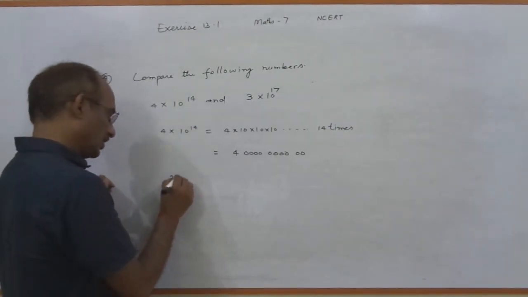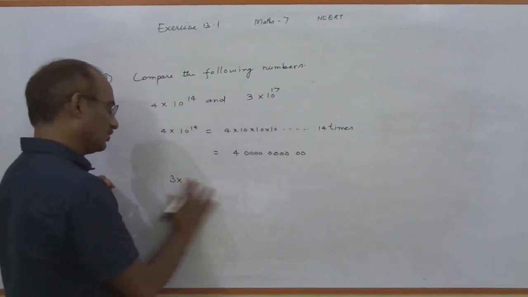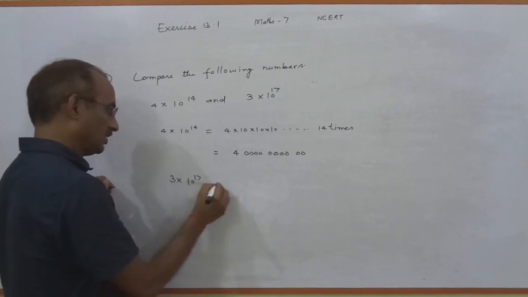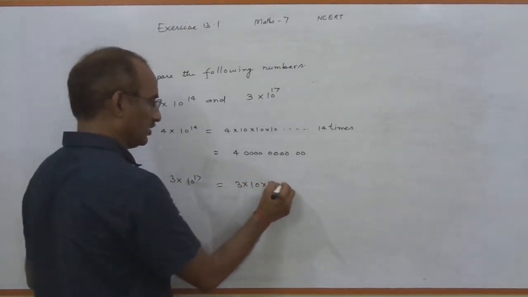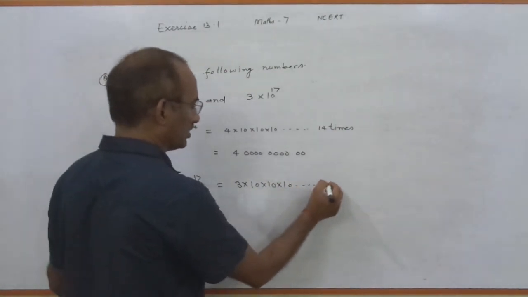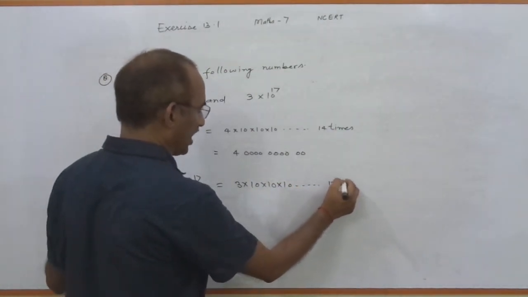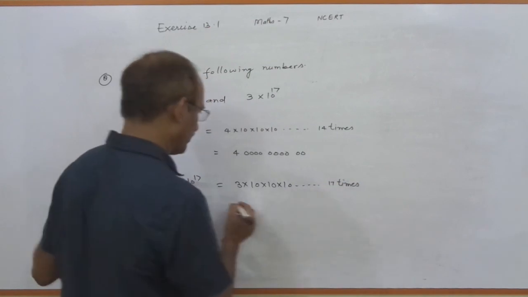And 3 into 10 to the power 17 can be written as 3 into 10 into 10 into 10 and so on, 17 times.